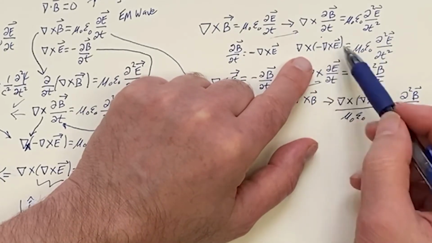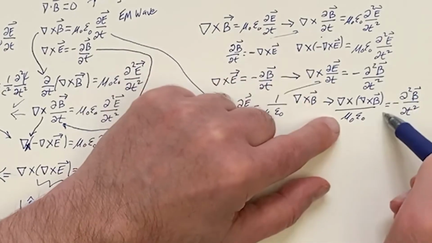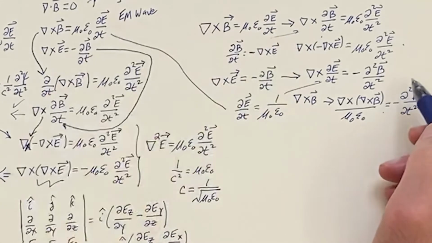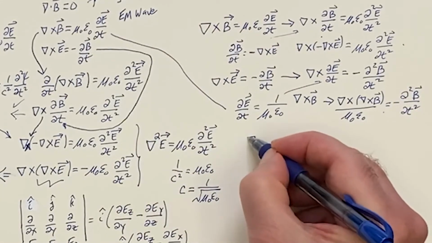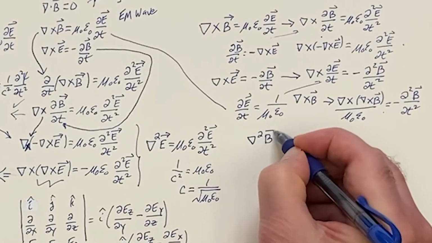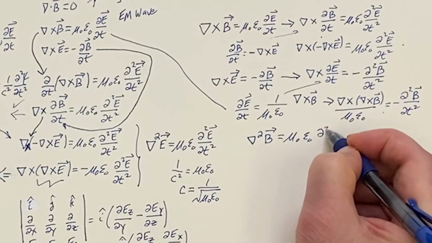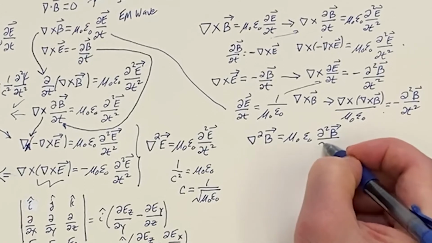You have here the same thing with the B. So this equation is the same as that, which means we could do all the same steps again and find that we will get the same thing for the magnetic field. Save us a lot of trouble.